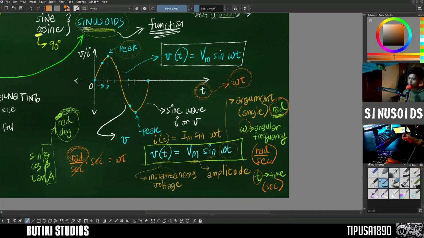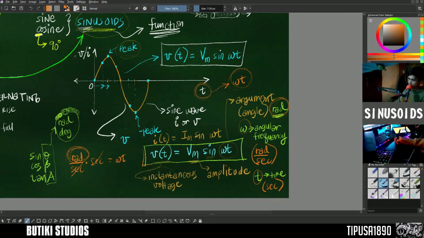Ang omega nagsalig sa frequency sa atong nasod. So sa atong nasod, ang atong frequency is 60 Hz. Anyway, later on atong i-discuss about hertz. Sa ubang nasod, lahi pa ilang frequency.